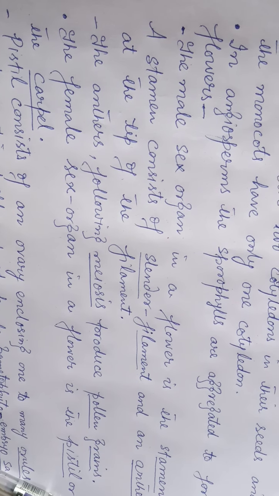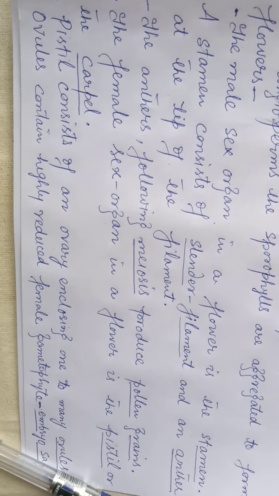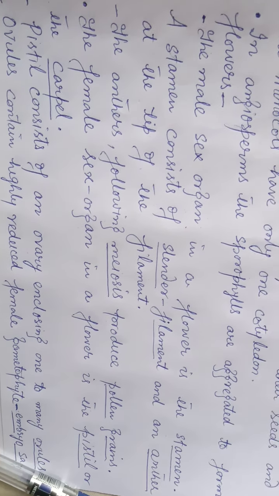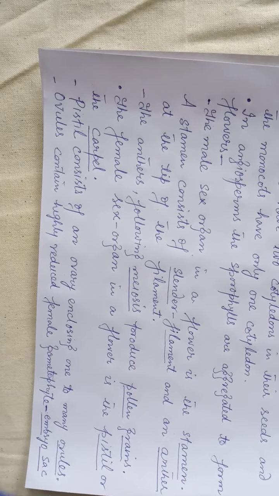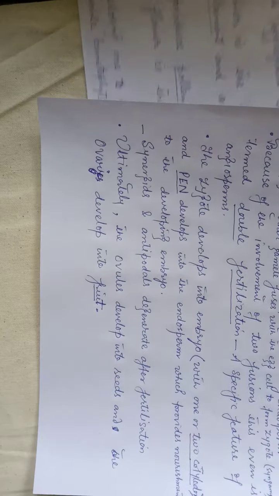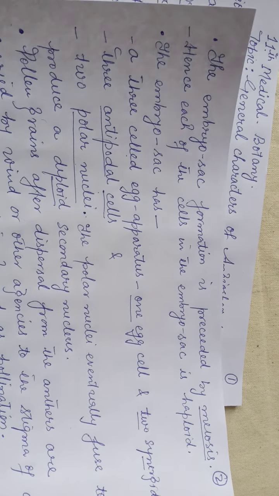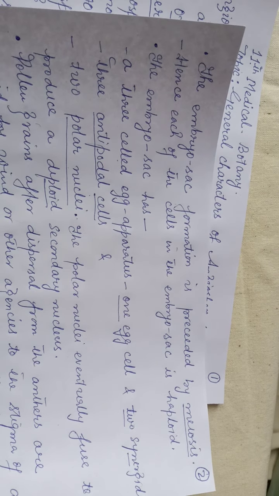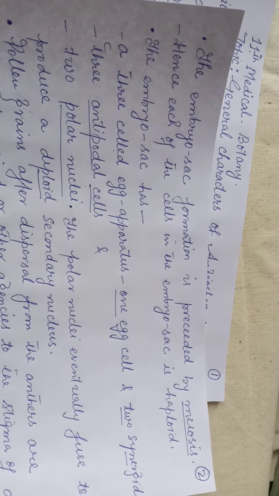The female sex organ in a flower is the pistil or the carpel. The pistil consists of an ovary enclosing one to many ovules. Ovules contain a highly reduced female gametophyte, the embryo sac. The embryo sac formation is preceded by meiosis, that is, the embryo sac formation follows the meiotic division.